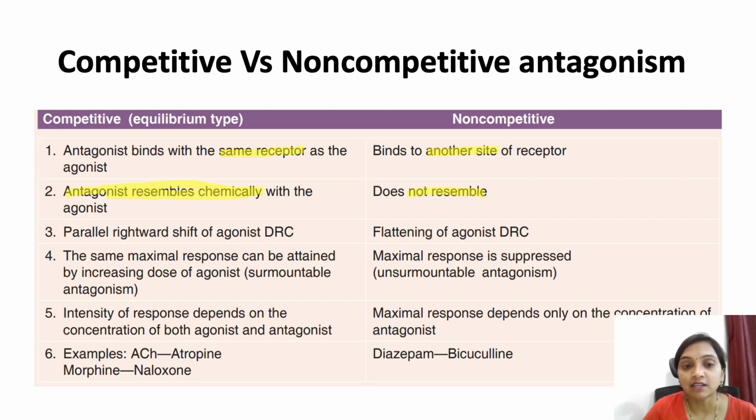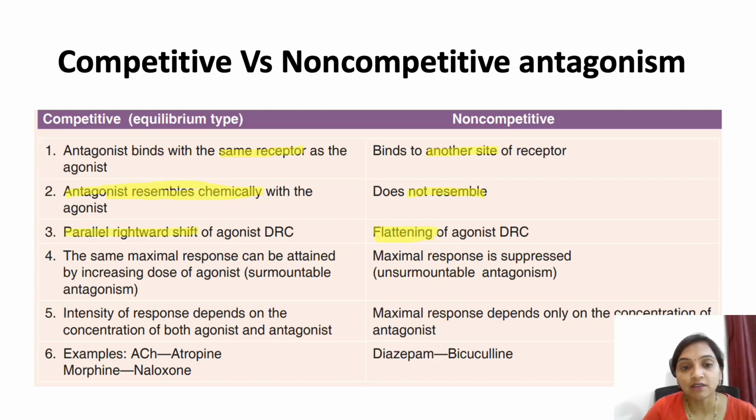And coming to the DRC, dose response curve, in both cases they will shift to the right hand side, but in competitive there will be a parallel rightward shift, whereas in case of non-competitive antagonism it is flattening of the DRC.